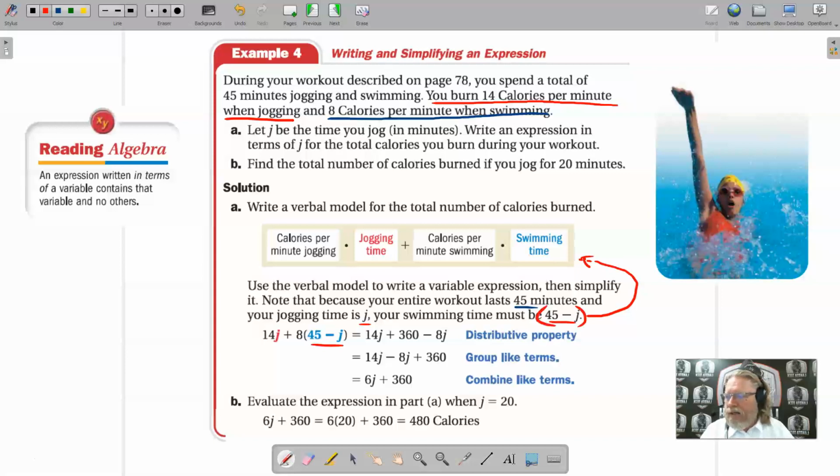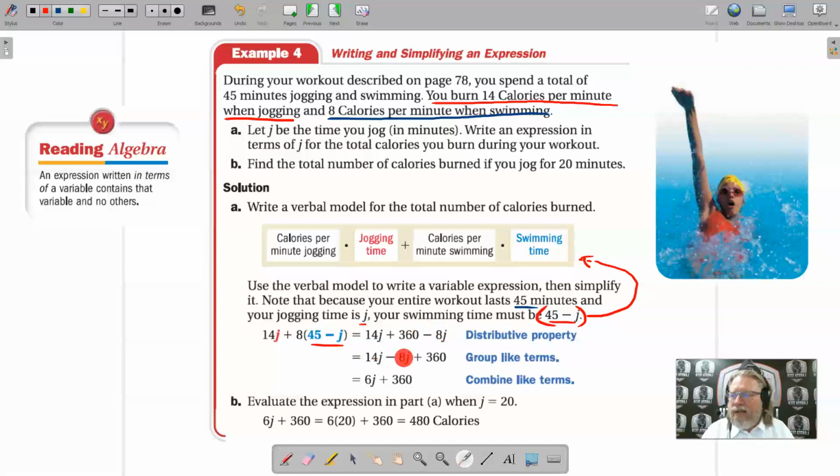Next thing that they did is they distribute this in right here. We see that 14J carries over to 14J. 8 times 45 is 360. And 8 times negative J is a negative 8J. Now through the commutative property, they've moved this 8J over by the 14J so that they're closer together.